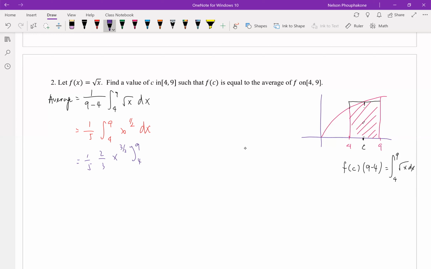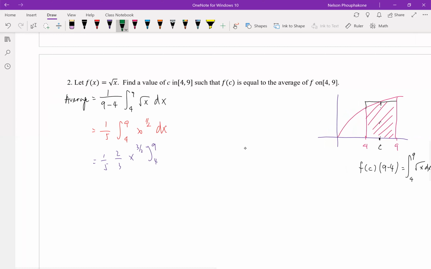And now I will have 2 over 15, and then 9 to the 3/2 minus 4 to the 3/2.